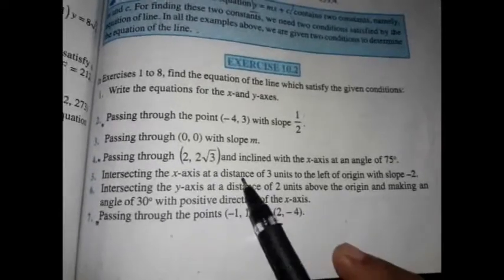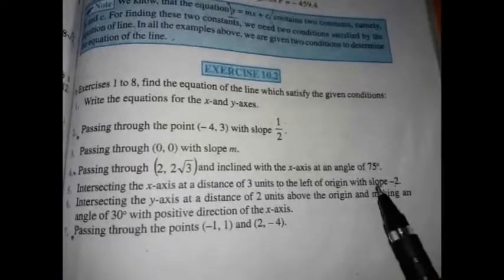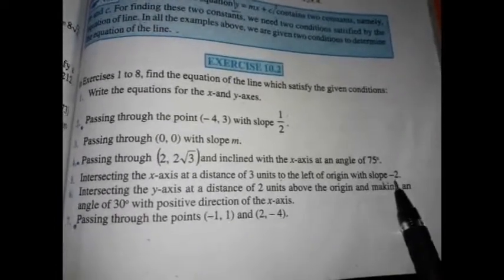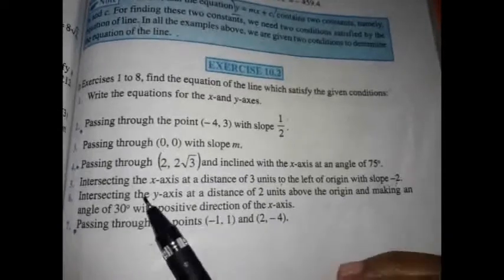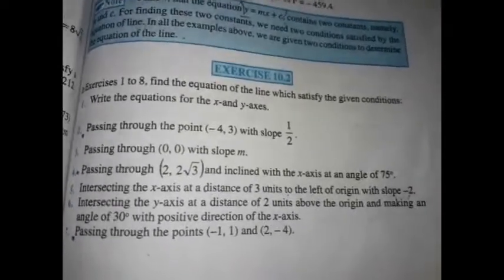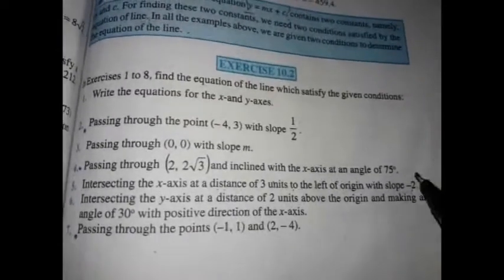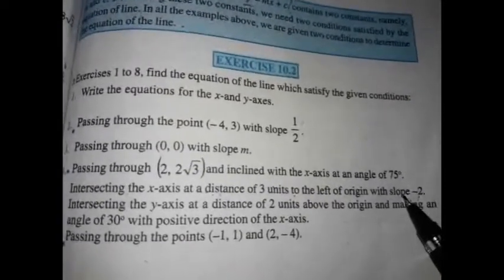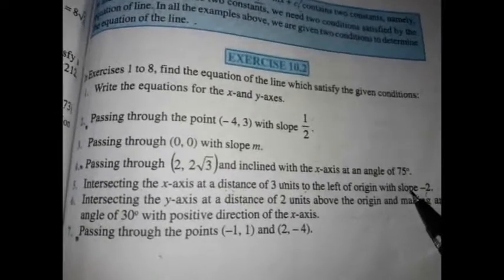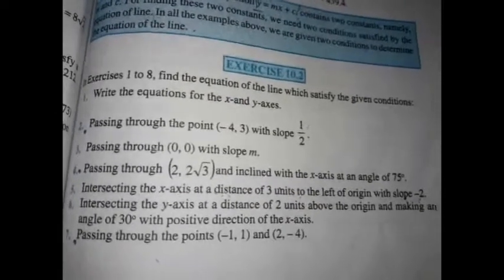Intersecting the x-axis at a distance of 3 units to the left of origin with slope minus 2. So they have given you slope and x-intercept. What form? Slope intercept form, the second case, because x-intercept is given.